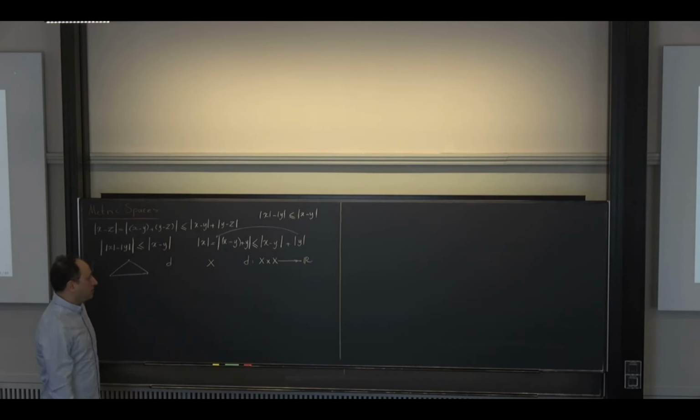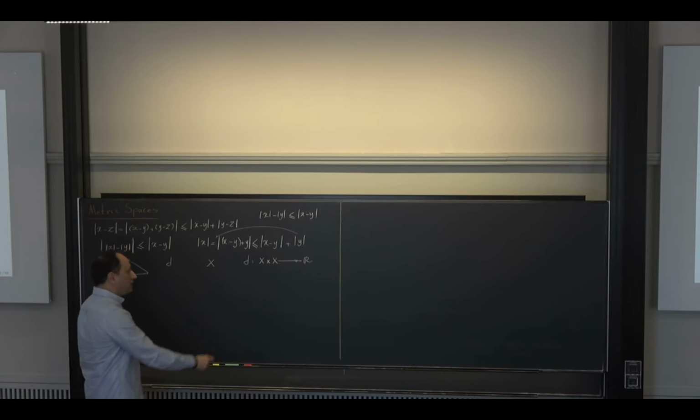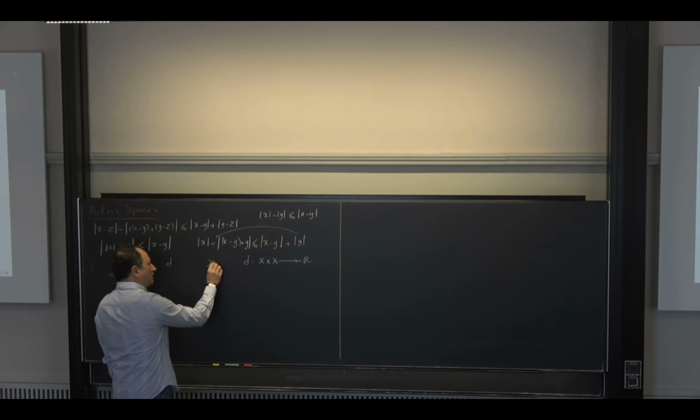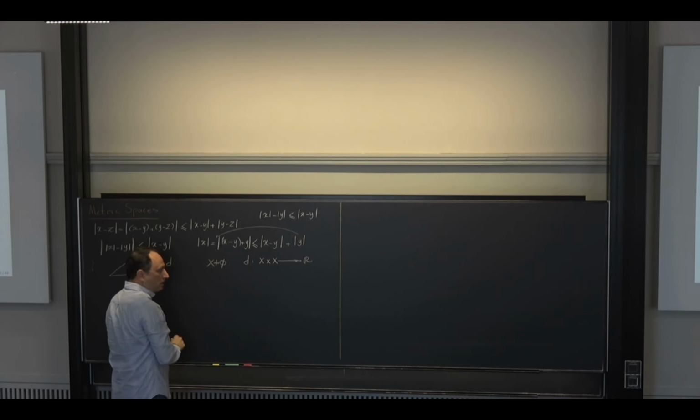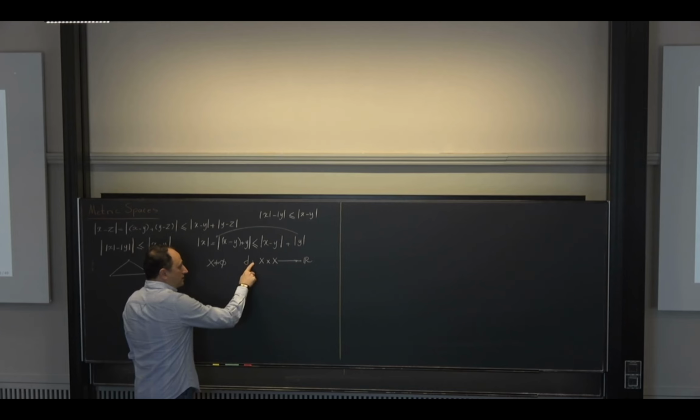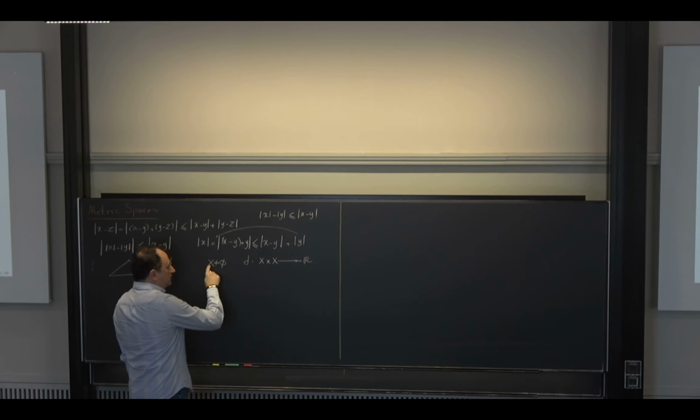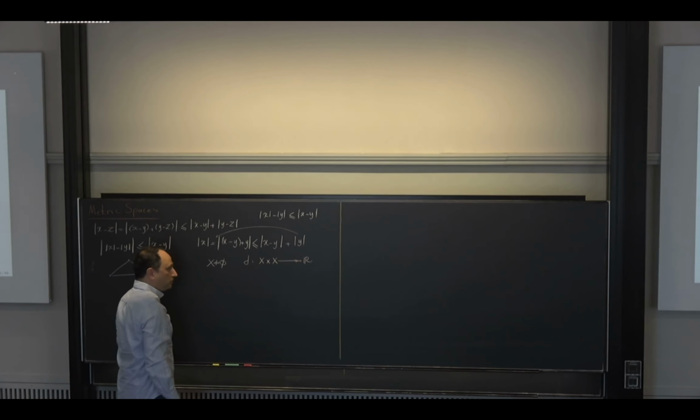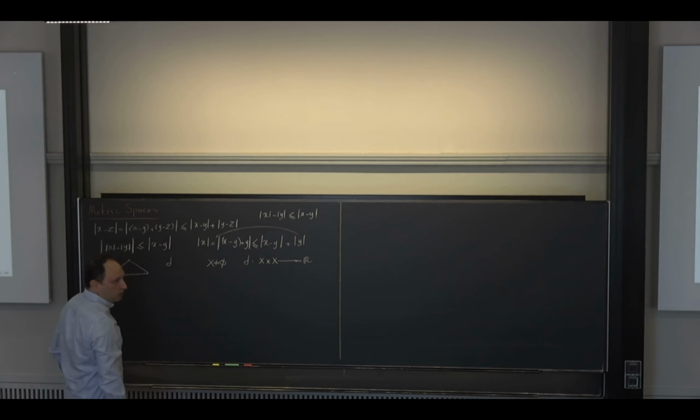So when I talk about a distance function, or the terminology from now on, a metric on a set, of course I assume from now on that the set is not empty. So if I have a non-empty set, but any abstract set, a function defined on the Cartesian product of this set by itself to the set of real numbers with more properties is called a metric.